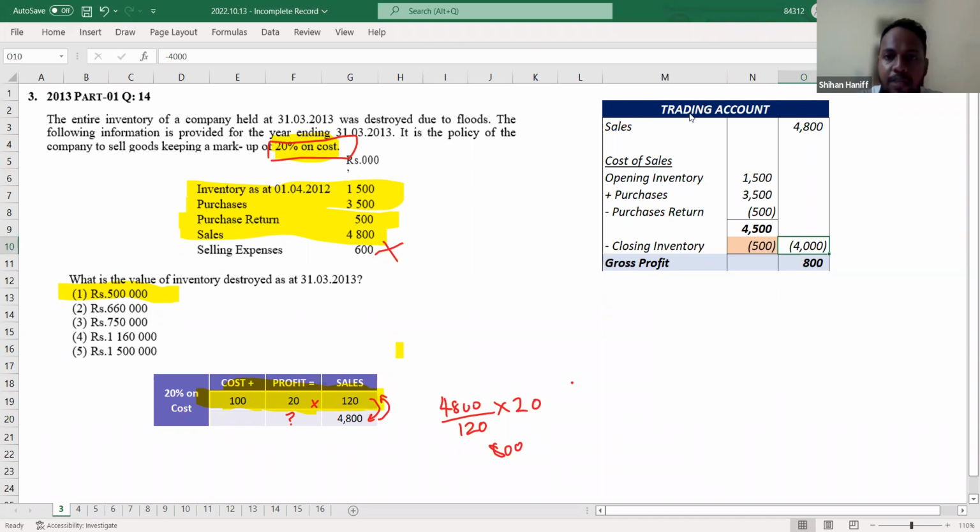Then you look at the question. We have the selling price, the sales value. If the sales value is 4,800, you can find out the profit, right? 4,800 divided by 120, multiply by 20. So you get gross profit. Right? Is that clear?